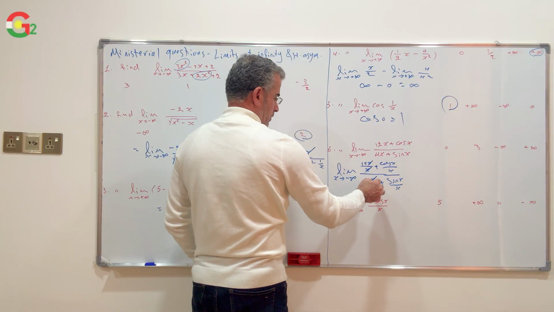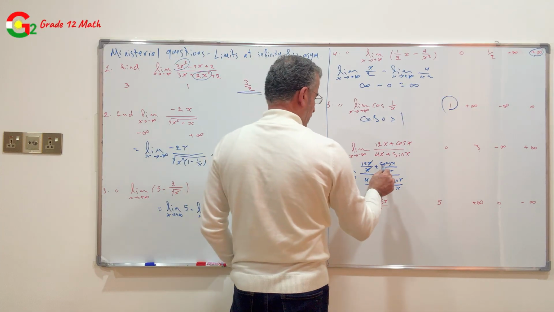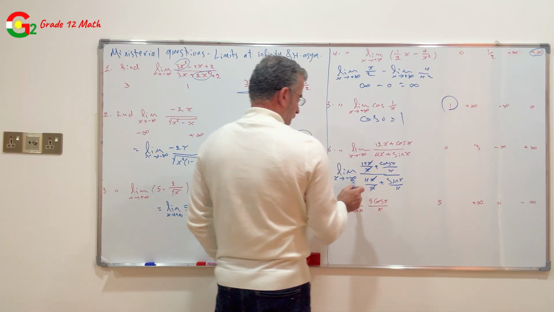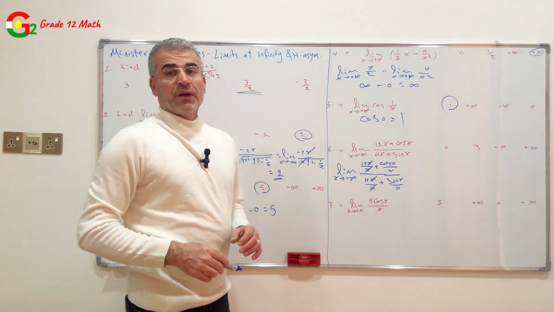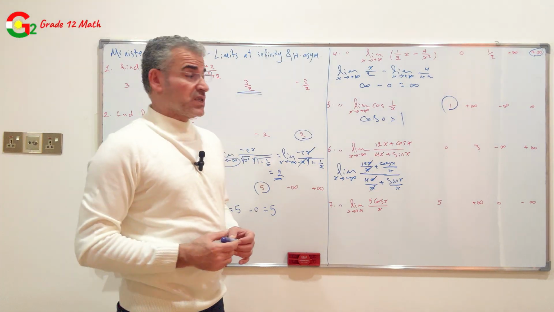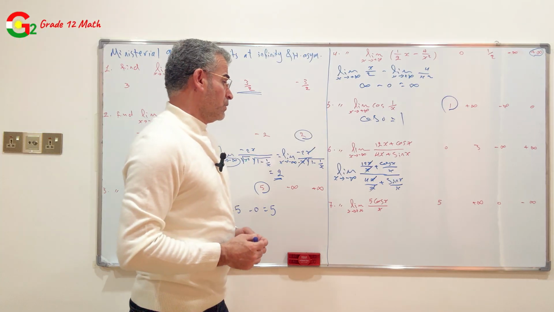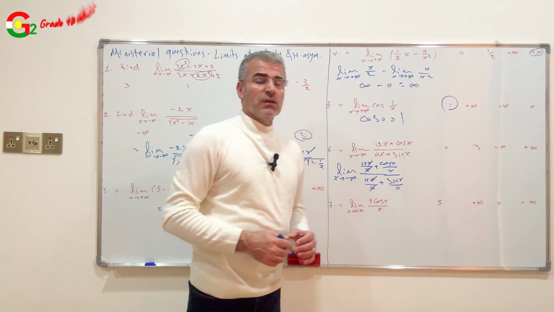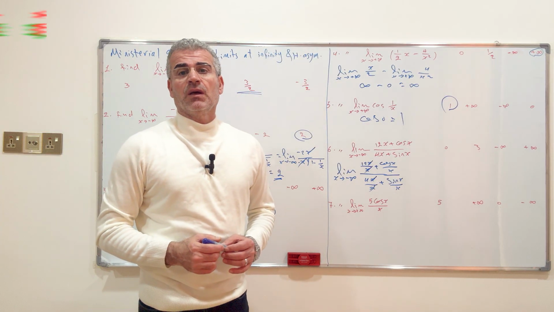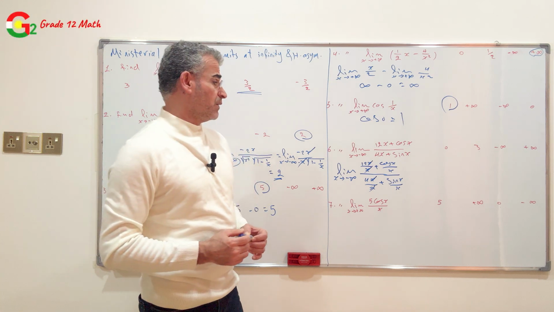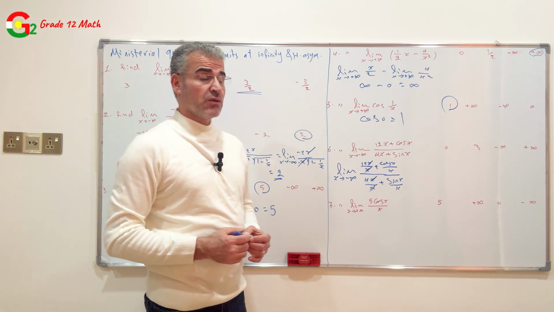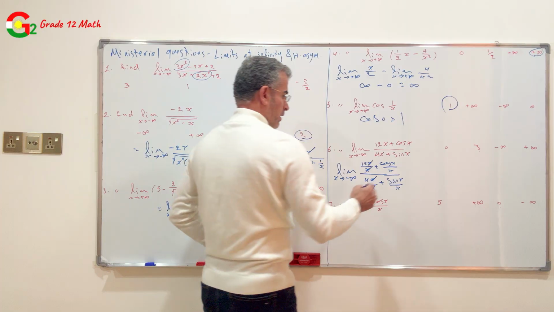Reduce x with x. The limit of cosine x over x when x approaches negative or positive infinity is 0. Also, the limit of sine x over x also is 0 by the squeeze theorem.